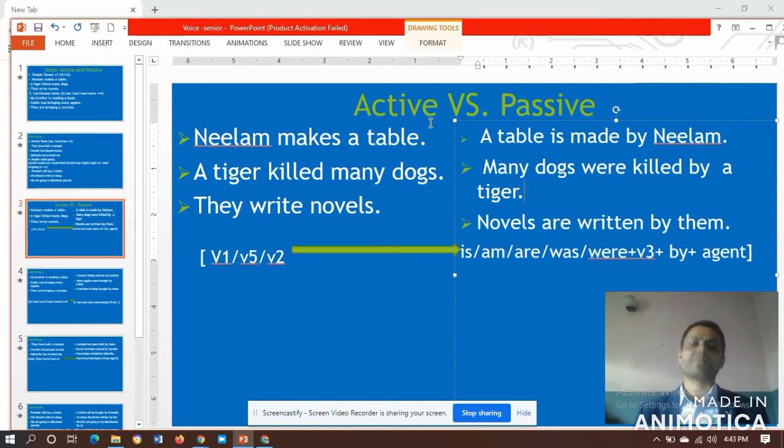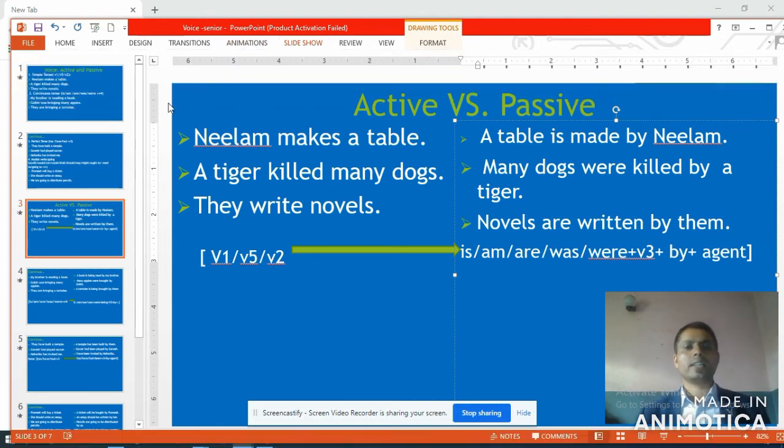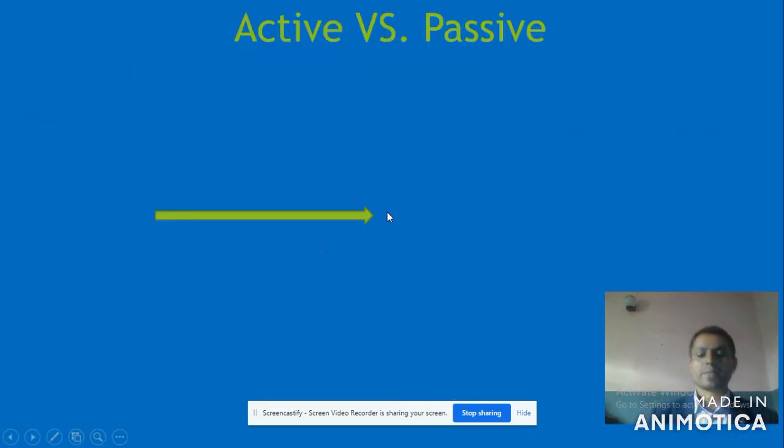After knowing them, you have to be able to change from active to passive. So how to change, my dear students? Please change from the active sentence to the passive one.